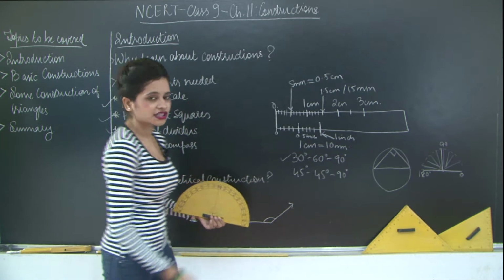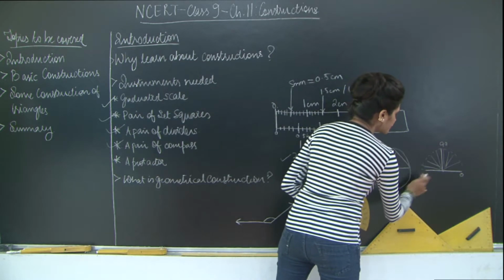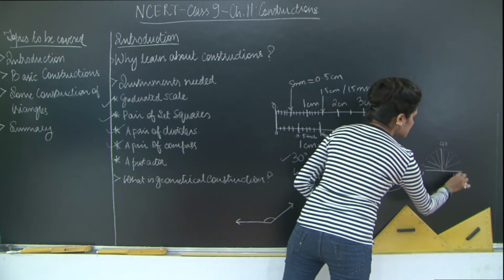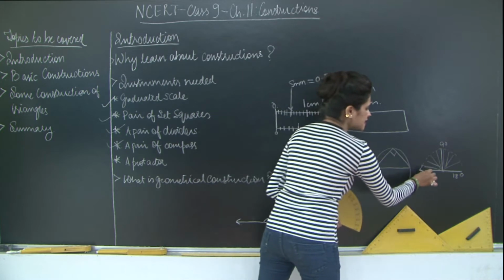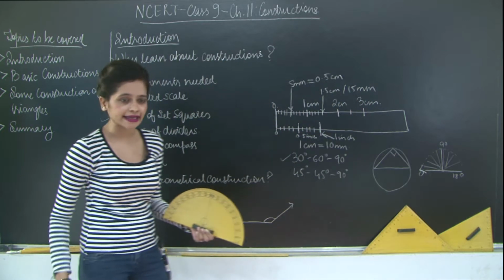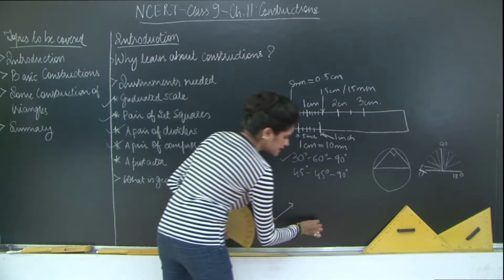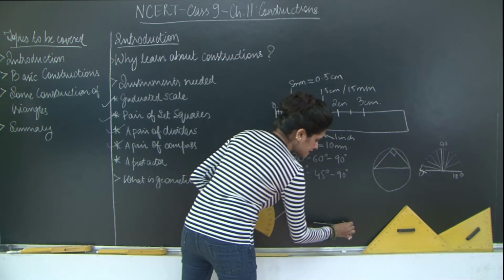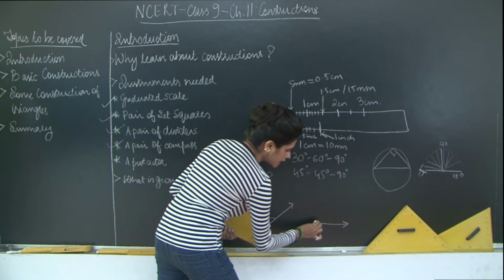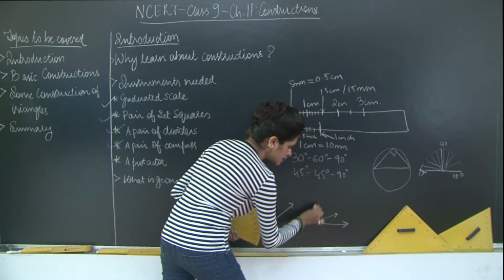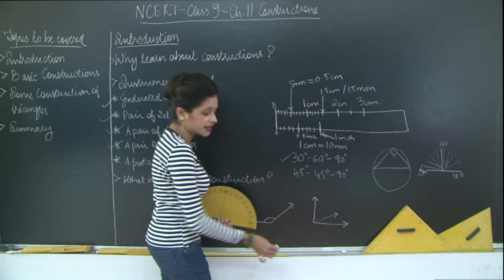So in this case you start counting from 0 to 180. Why? Because your ray is in this direction. So what exactly your angle is depends upon the direction of your ray. If your ray is in this direction, then the acute angle will be like this, between 0 to 90. Your 90 degree will remain the same irrespective of the direction.